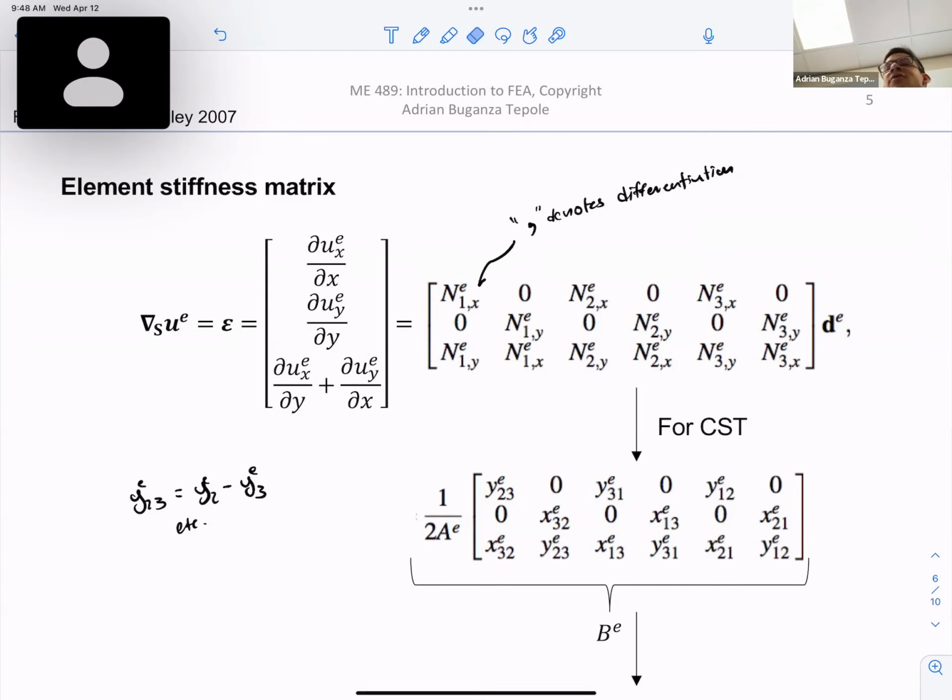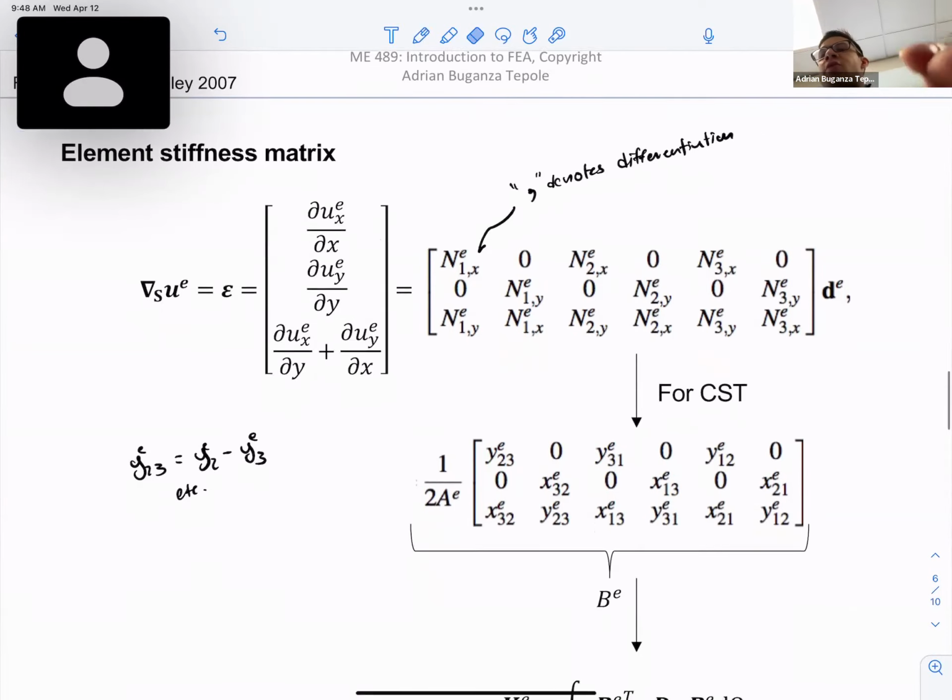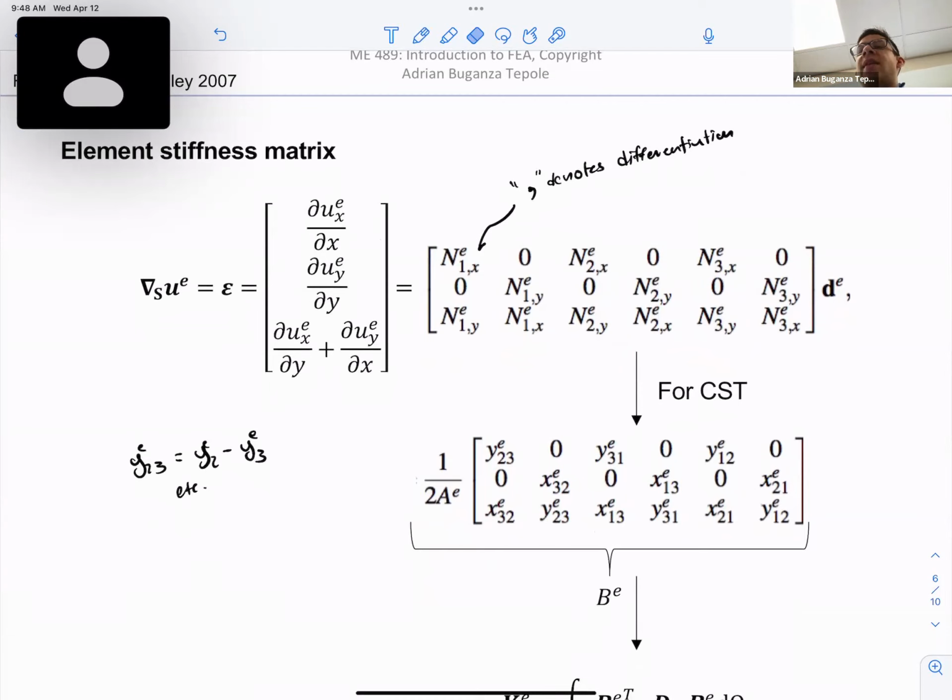N1 comma x is just the derivative of N1 with respect to x. So two things to note here: obviously the specific N1 comma x and all other derivatives are particular for this triangle.